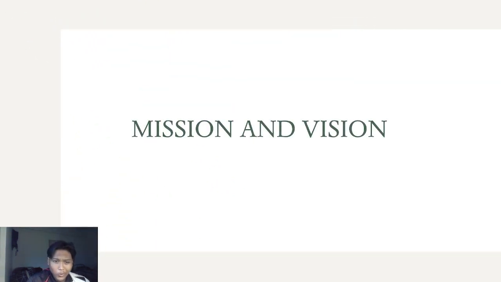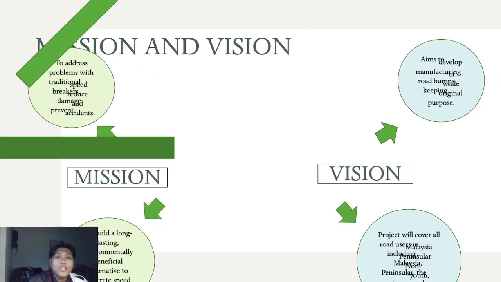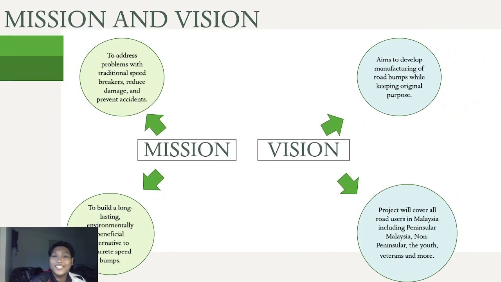Now we go to our mission and vision. Our mission is to address the problems with the traditional speed breaker, reduce damage, and prevent accidents, and to build a long-lasting, environmentally beneficial alternative to the conventional speed breaker. Our vision is to develop the manufacturing of a road bump while keeping the original purpose of the road bump.